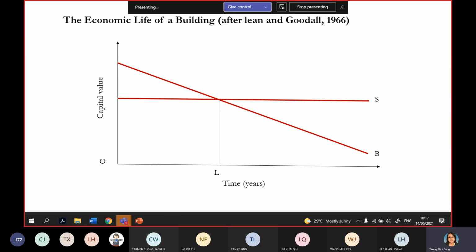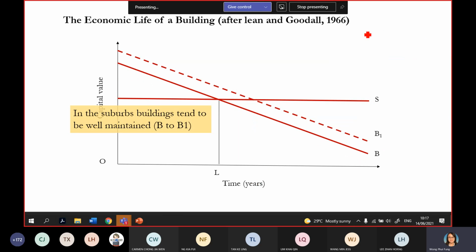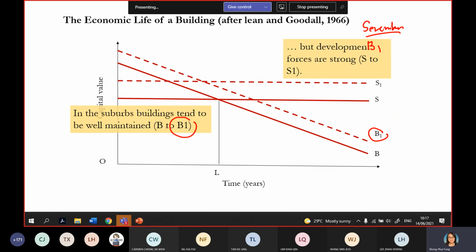Okay, so last but not least will be suburban, say for example, Seremban. Seremban, of course, we know that people tend to well maintain the building. Okay, so it's B1. And because the land actually is very plentiful in that location.